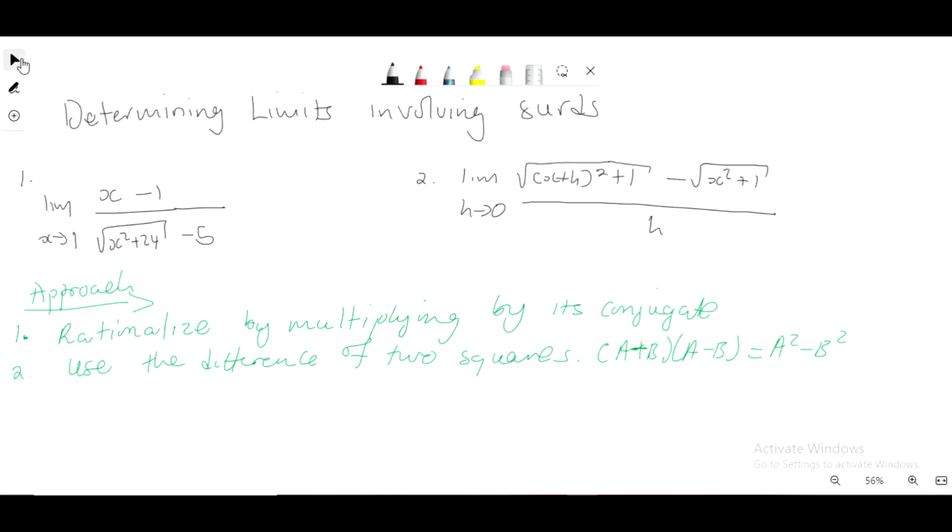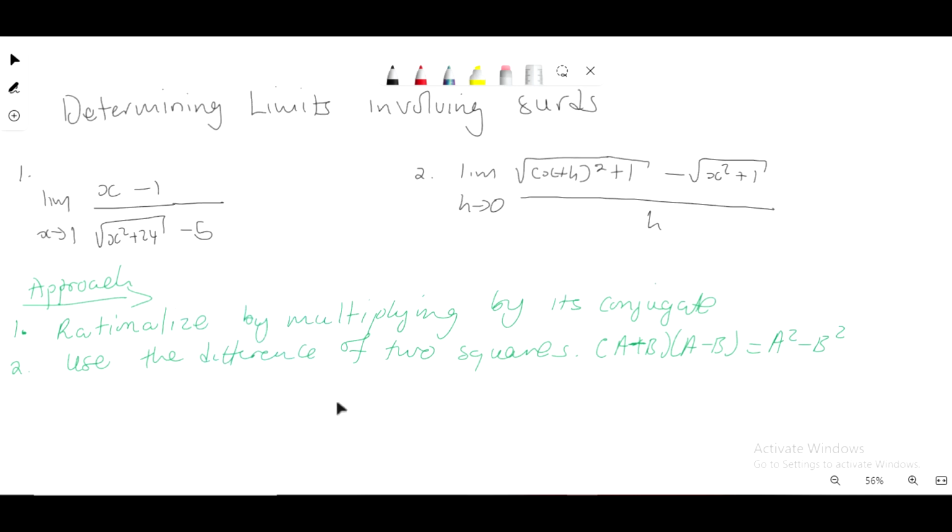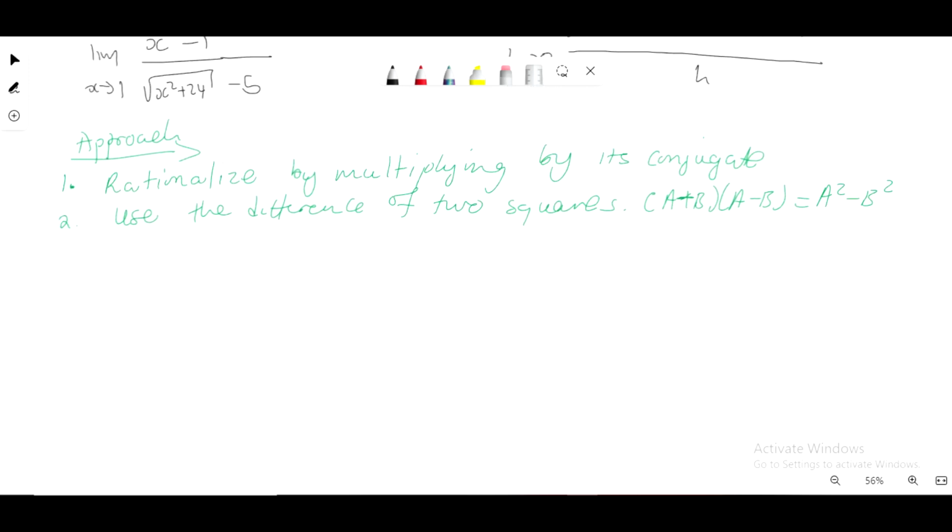Let's start now. Let me rewrite it here: square root of x squared plus 24 minus 5.